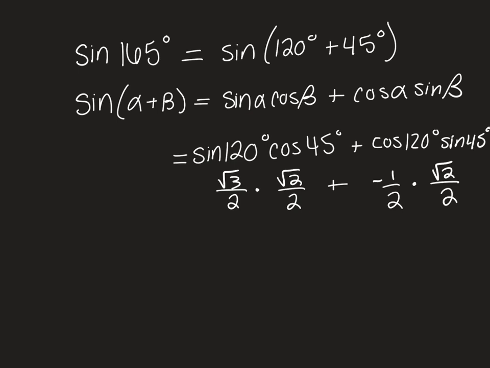Okay, so then we multiply. So the square root of 3 times the square root of 2 is the square root of 6 over 4. Negative 1 times the square root of 2? We're not there yet. Is there a negative 1/2 and still a plus in the middle? There's not.